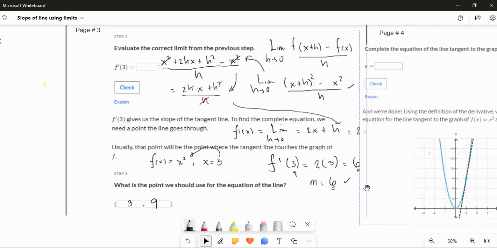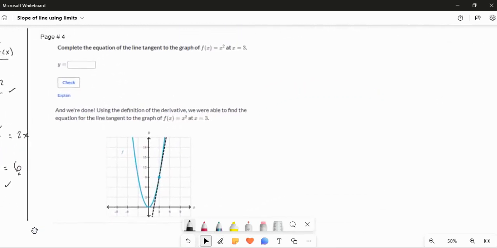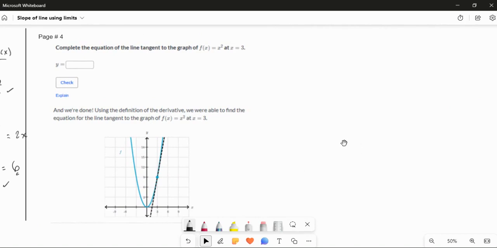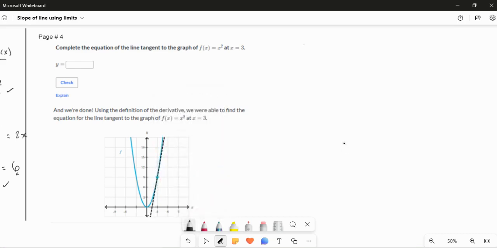Now, what is the next step? Well, I know that I can use the point (3, 9) and the slope equal to positive 6. And easy enough, I can say that if y equals mx plus b, this being my equation of the tangent line, let me write it.